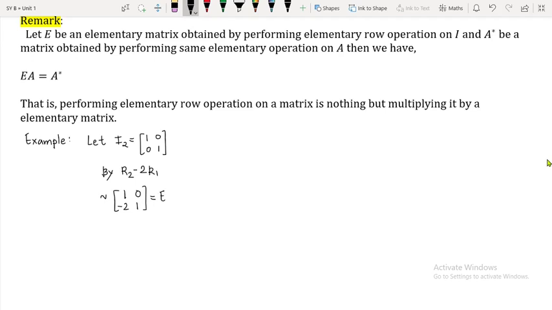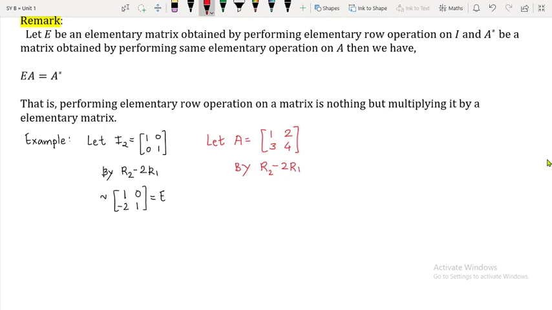Okay, now let us take some matrix A. So I will use some other pen. So I'll say let A is equal to, let us say, 1 2 3 4. Now on this matrix I am going to perform the same operation. So I'll say by R2 minus twice R1.